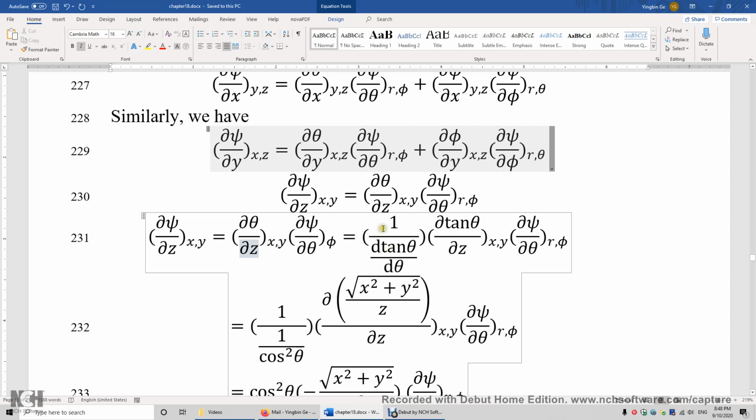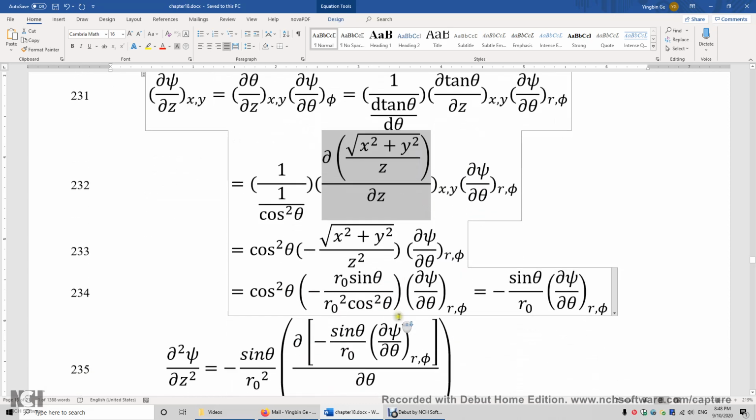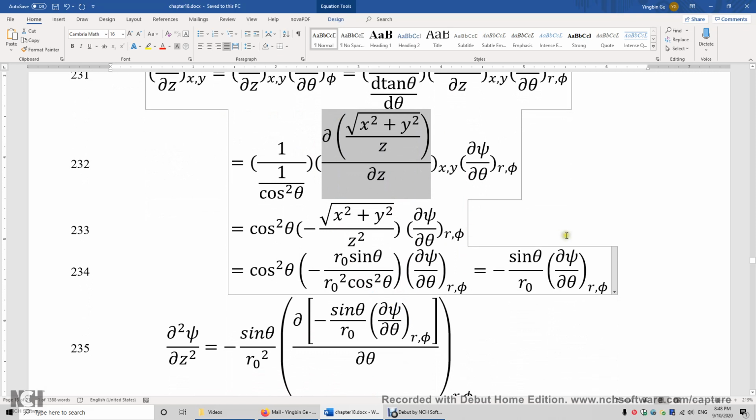All right? So this is actually delta theta over delta tangent theta. And then we know this one is cosine theta squared. This one is here. So anyway, if you do the derivation carefully, you'll get the same result as I got.